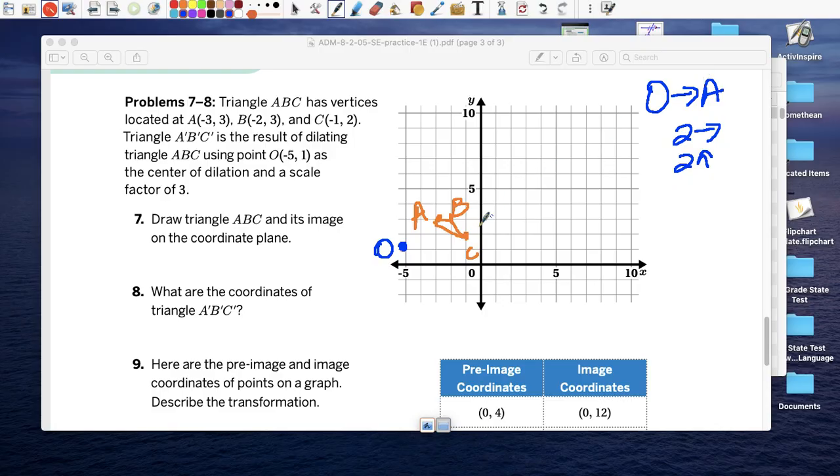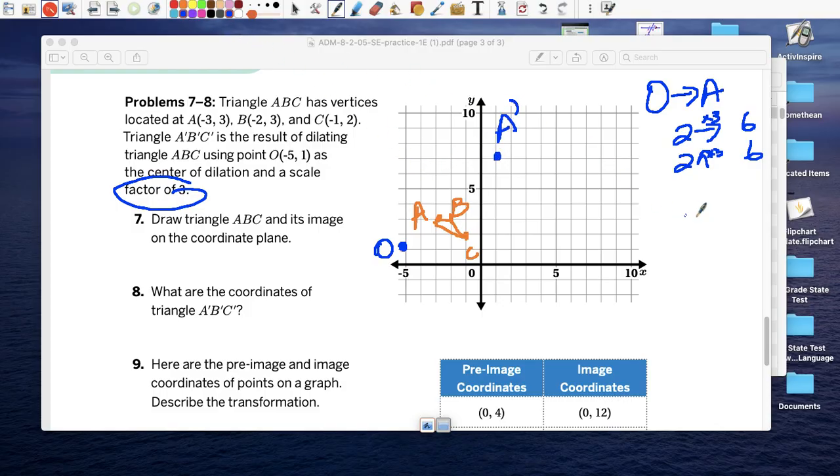That's how I would get from O to A. Now, scale factor 3 means we're going to multiply these two numbers by 3, so 2 times 3 and 2 times 3. So now we get 6 and 6. So to increase by the scale factor of 3, I'm going to go 6 to the right, 1, 2, 3, 4, 5, 6, and 6 up, 2, 3, 4, 5, 6. Here's my A prime.